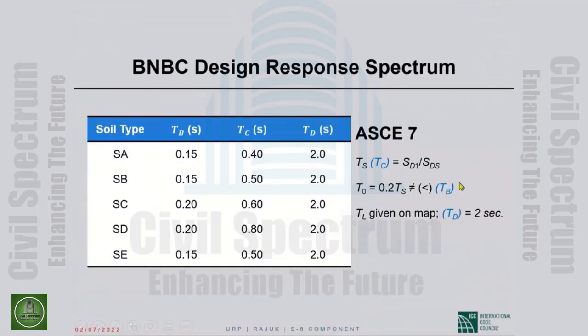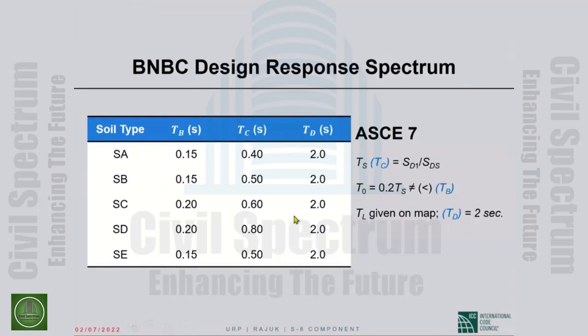The point I'm making again here is that the T sub S and T sub C are the same. T sub C here is the same as T sub S of ASC7. The T sub L of ASC7 is given on map.